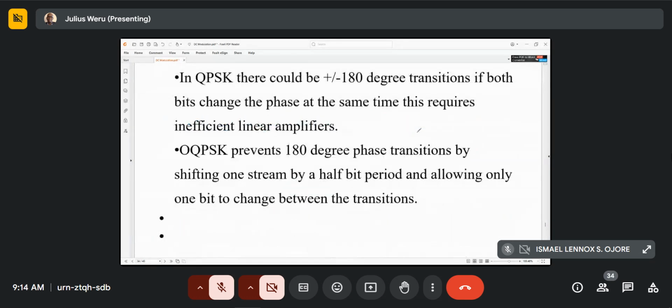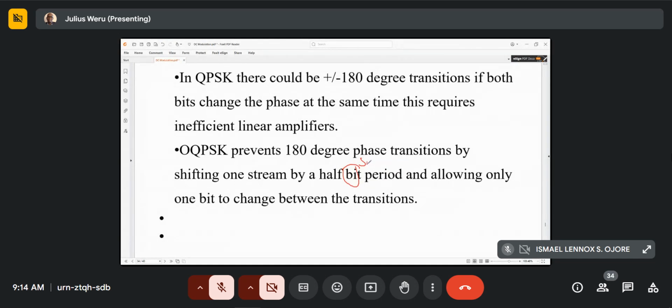So I think we have explained what we were talking about before. We are preventing 180 degrees transition. That's why we are shifting one stream by one bit period. It's not half bit. This should be by 1 bit or half symbol period, not half bit.